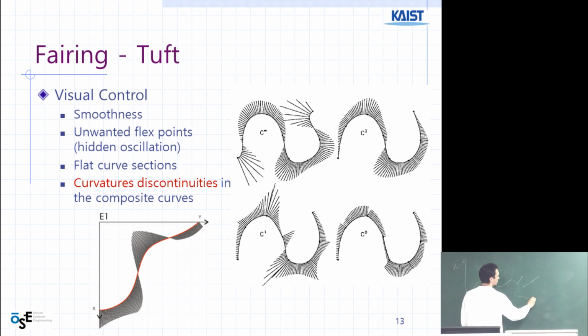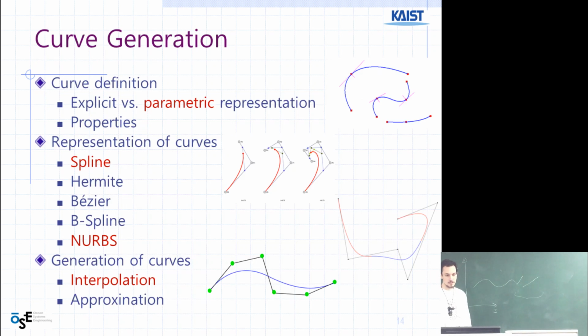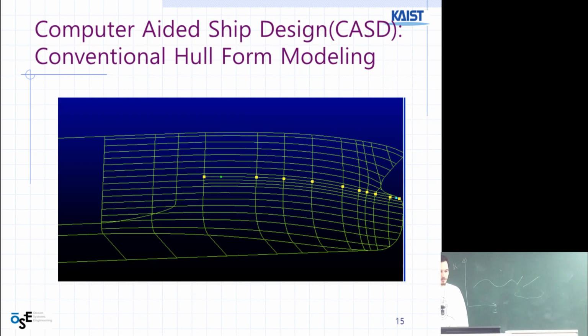This is really bad. And we can see it, for example, here is a jump, here is a kick. We should avoid these shapes because of the flexion and the structural resistance. So avoid discontinuities.